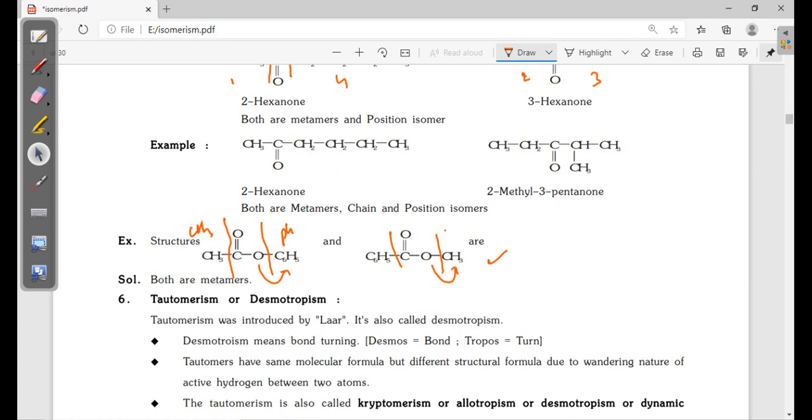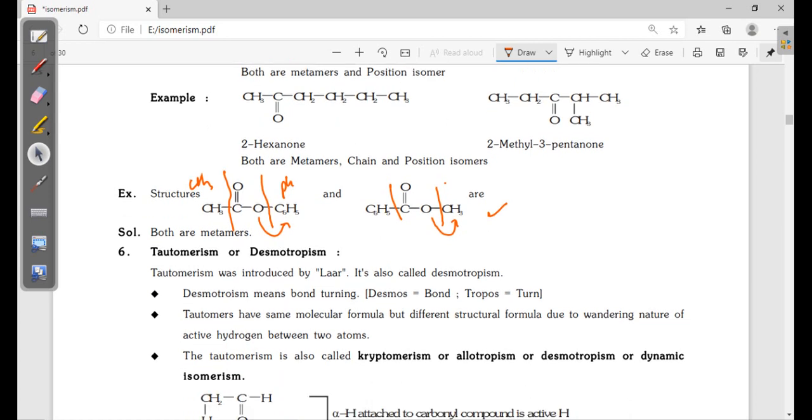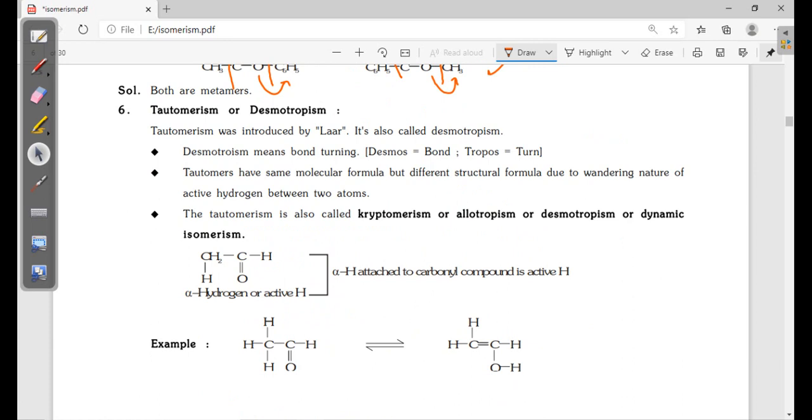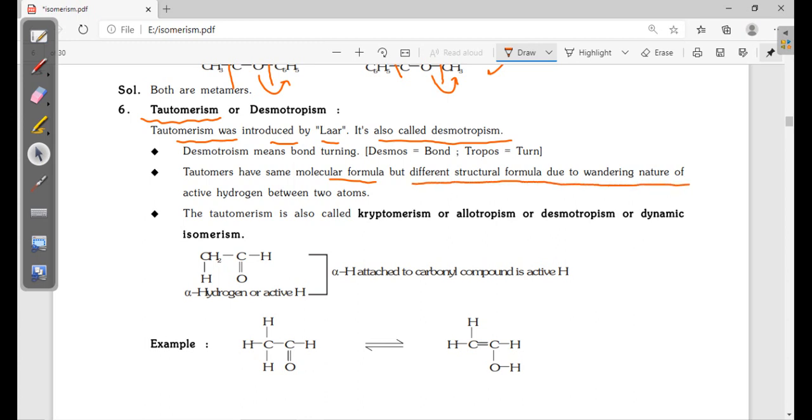Next, the last one, tautomerism or desmotropism, generally known as tautomerism only. Tautomerism was introduced by Laar. It's also called desmotropism. The condition is that tautomers have the same molecular formula but different structural formula due to the wandering nature of active hydrogen between two atoms.